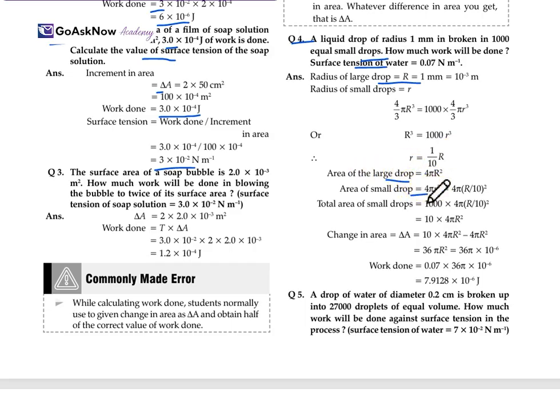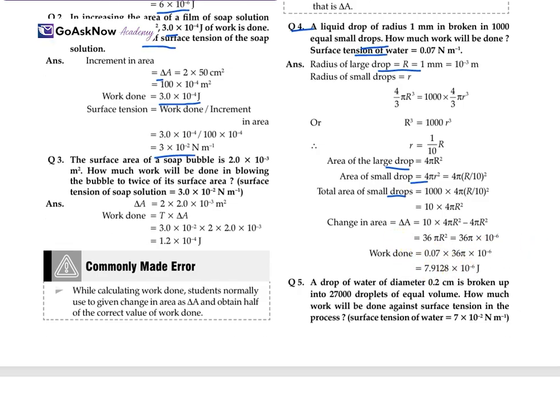Area of the small drops, the total area will be 1000 into 4 pi into R upon 10 whole square, and we get 10 into 4 pi R square. So change in area delta A is equal to 10 into 4 pi R square. We get the change in area value. So we'll substitute the value in the work done. W is equal to 0.07 into 36 pi into 10 raised to the power minus 6, and here we get the value of work done 7.9128 into 10 raised to the power minus 6.